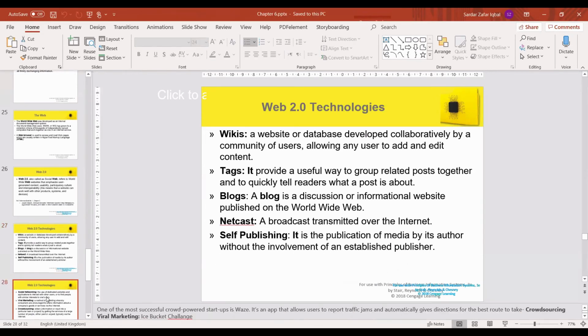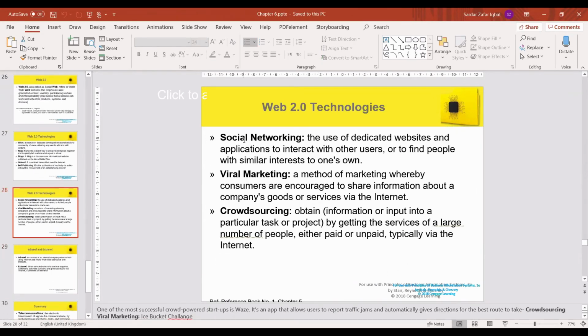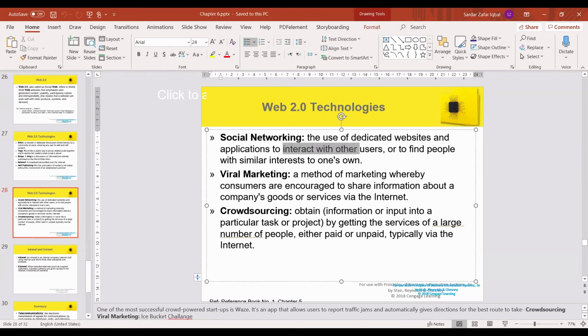So there are different technologies. Social networking, the use of dedicated websites and applications to interact with users or find people with similar interests to one's own. So social networking, you're connecting with websites.